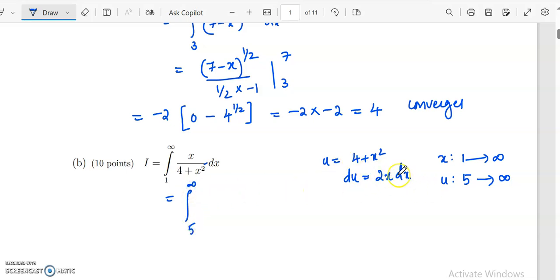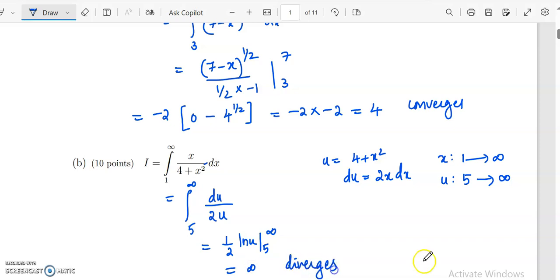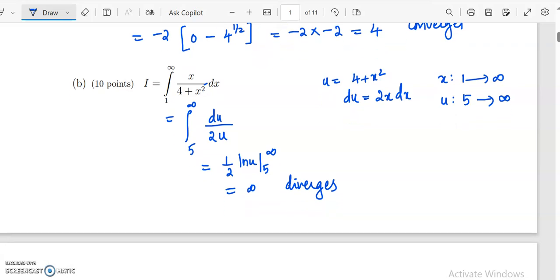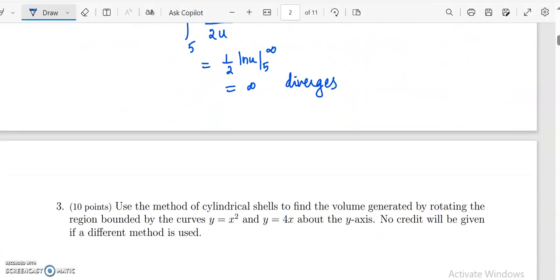Now x dx will be du by 2, and 4 plus x square is u. So we will get the integral of du by 2u. So that will be 1 by 2 log u from 5 to infinity. And when we apply the limit, log of infinity will be equal to infinity. So therefore it's not finite. So the integral will be diverging in this case.